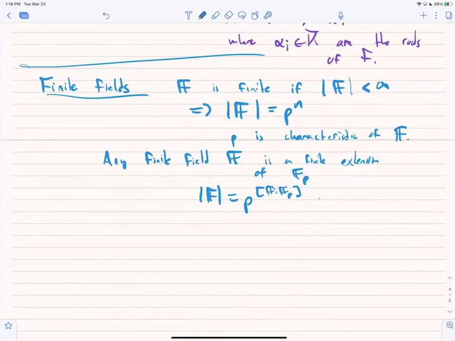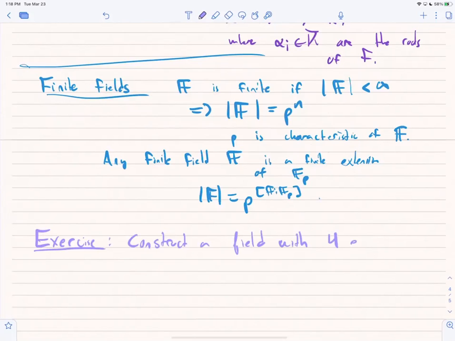But before we do that, let's do a quick exercise. I'll give you maybe 3 or 4 minutes to construct a field with 4 elements. The size of F is 4.